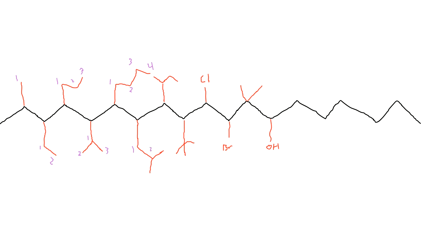I'm numbering the carbons of each individual substituent chain, okay? So you don't want to get this mixed with the parent chain, which in this case, it's the black. Okay, all right, perfect. So now let's actually go through these, okay?